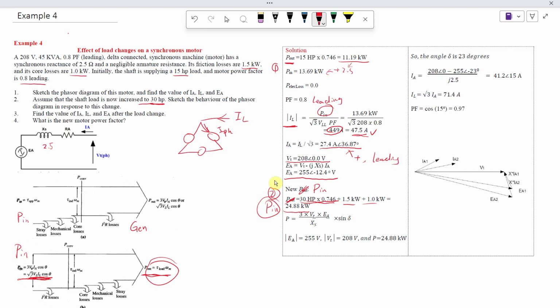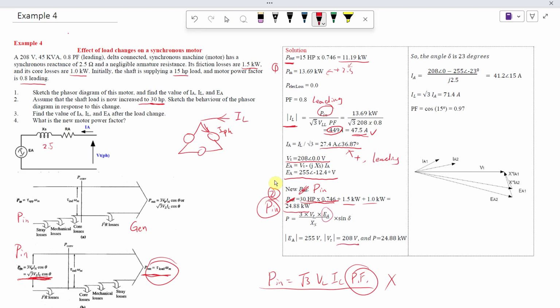Now for the next part, we are using a new equation. Can we just use P_in equals √3 V_L I_L times the power factor again? That would be much handier. The answer is no. You can pause and think about why we can't use this one. The answer is we do not know the power factor here. But we do know the terminal voltage from the power supply, which is 208.